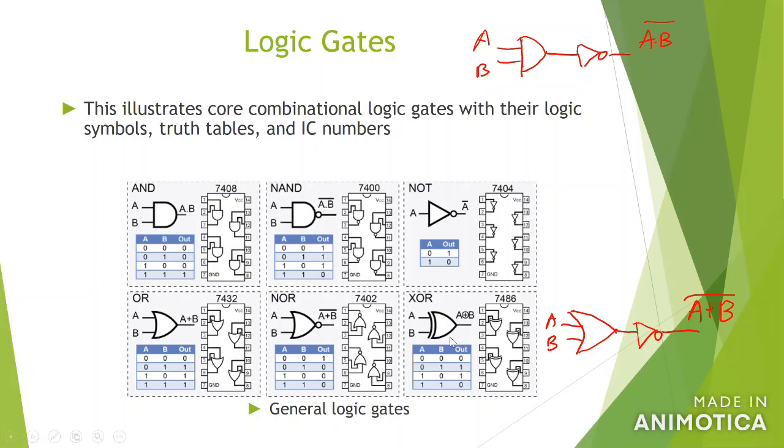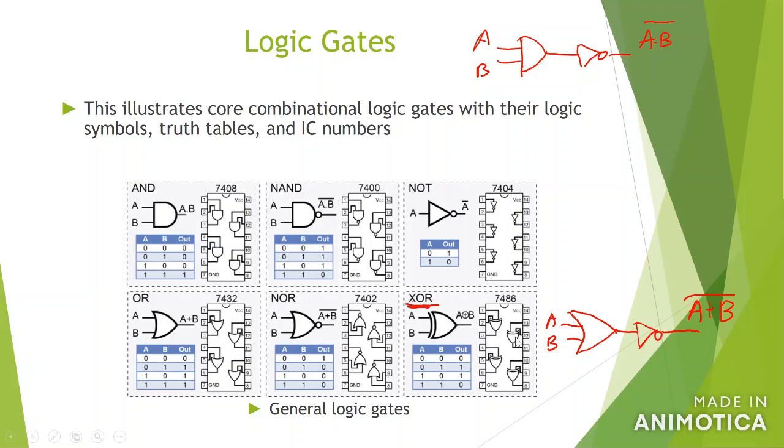One more gate is called the XOR gate, exclusive OR gate. This is the symbol. If you compare it to the OR gate, there is one more curve here.